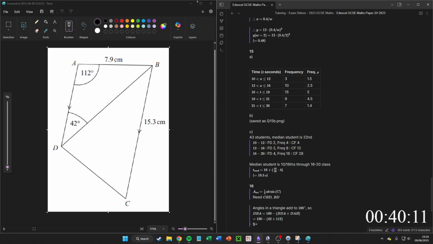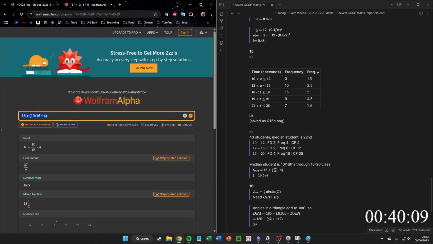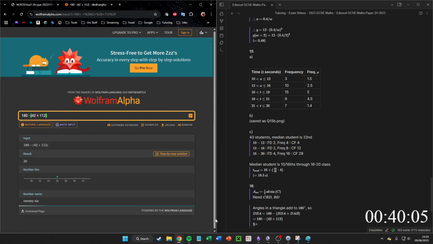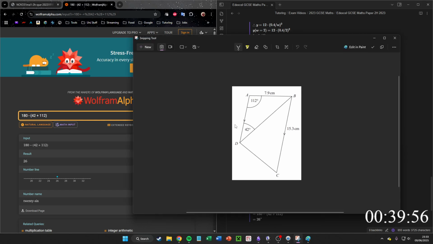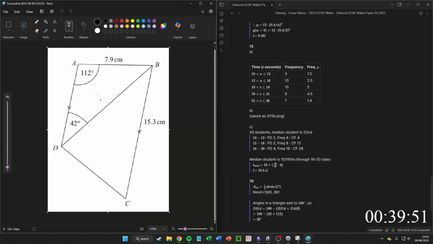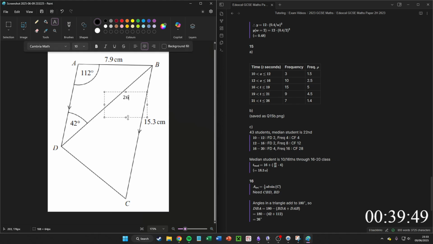And we can go over to our trusty scientific calculator. 180 subtract 42 plus 112, and that is 26 degrees. I'll annotate the diagram because that's a useful habit, to keep this information where it needs to be. I'm not going to write the degree sign because it's wasting time.